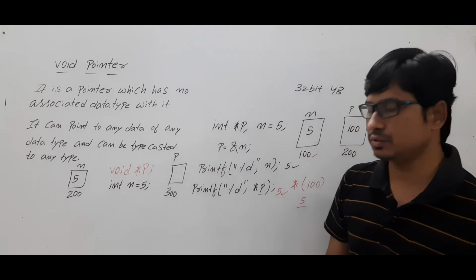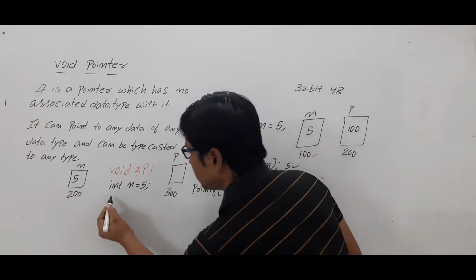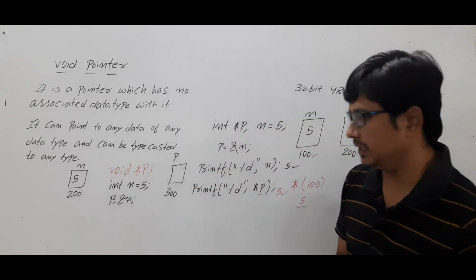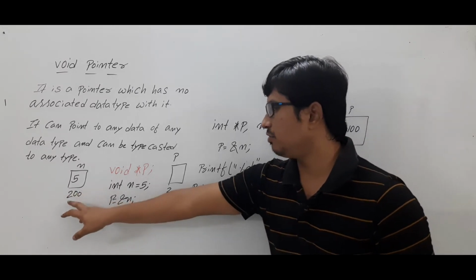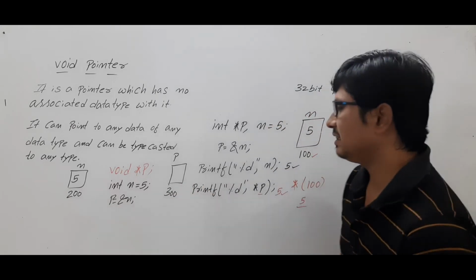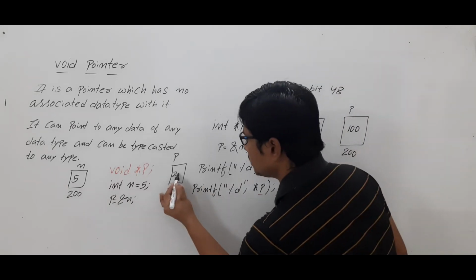That is what I want to say. If I write the statement p = &n, then what will happen? The address of n, which is 200, will be stored in the variable p.